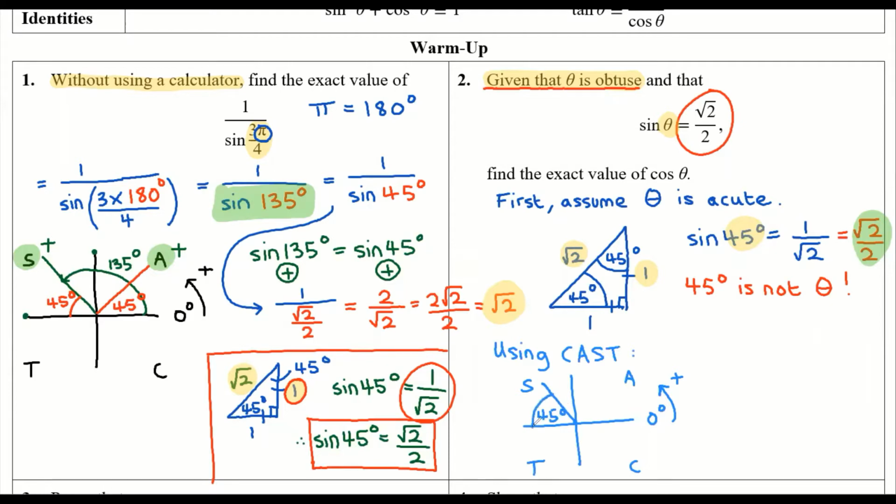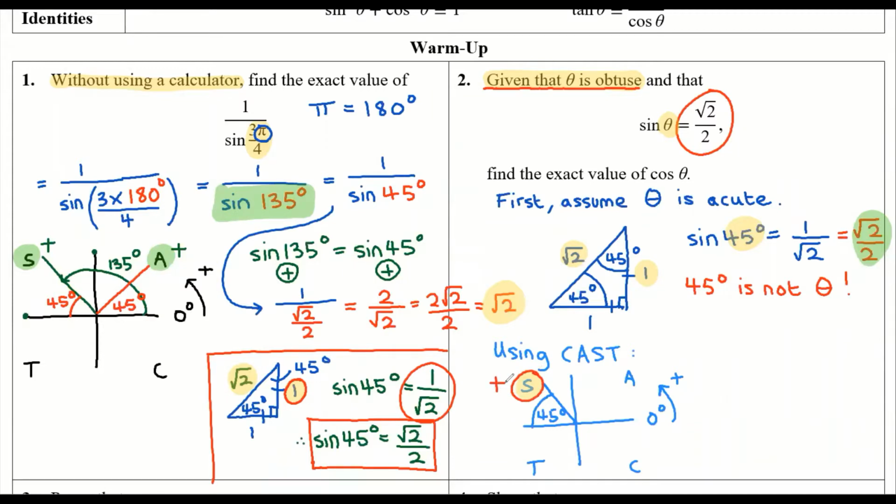Now then, this means that if I want to find the cosine of theta, well, the cosine in this quadrant here is going to be negative. That's really important. Remember, only sine is positive in this quadrant. Only sine.